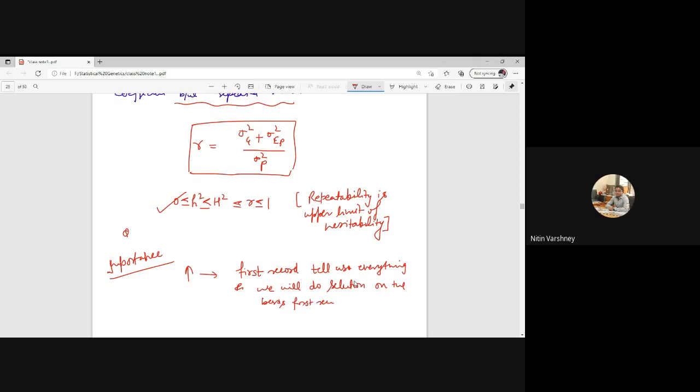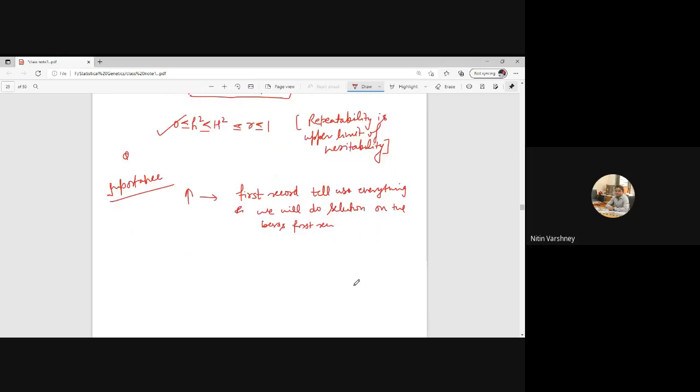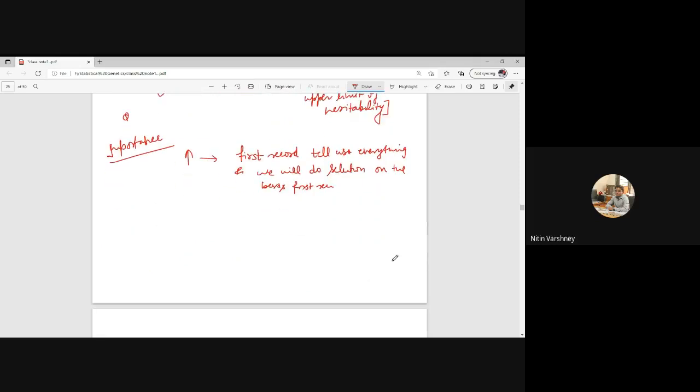Just like in principal component analysis. Do you remember what principal component analysis is? If there are n variables, we will make n principal components, but a few principal components will explain the highest variability.